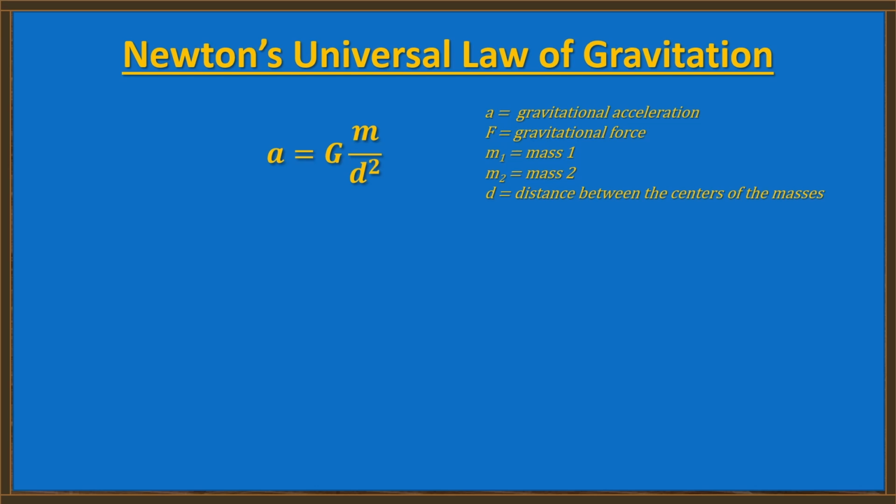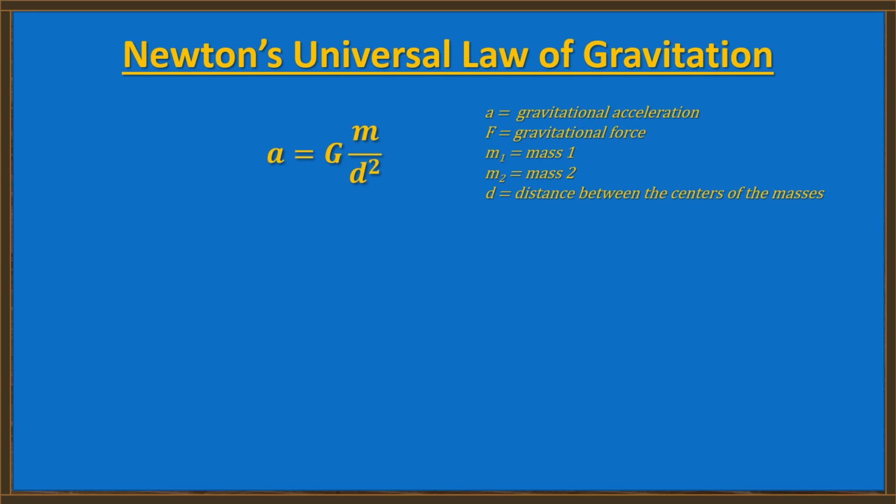Newton's universal law of gravitation literally says mass produces an acceleration, and that acceleration is equal to the gravitational constant times the magnitude of the mass divided by the square of the distance from the center of that mass to the center of any other mass.